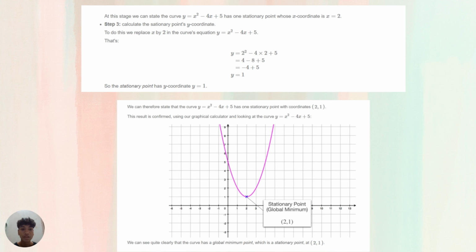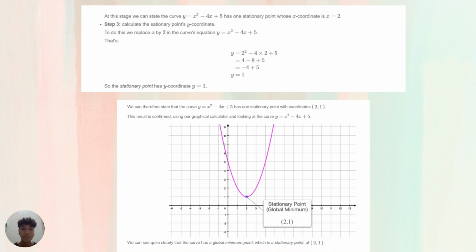After the calculation, you get y equals 1. So the stationary point has y coordinate y equals 1. We can therefore state that the curve y equals x to the power of 2 minus 4x plus 5 has one stationary point with coordinates 2, 1.